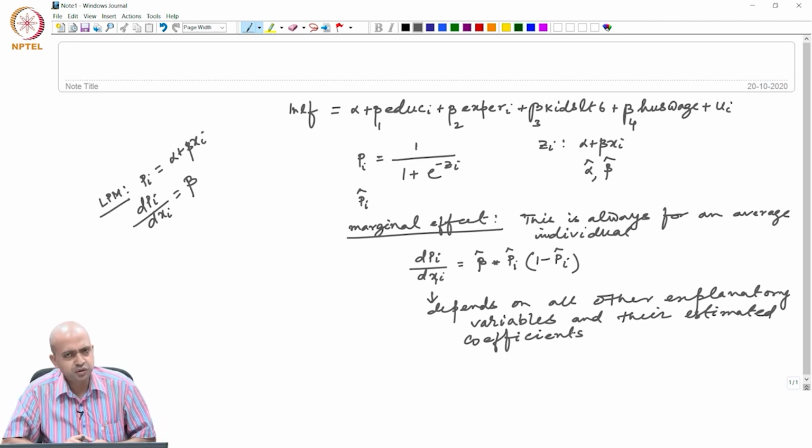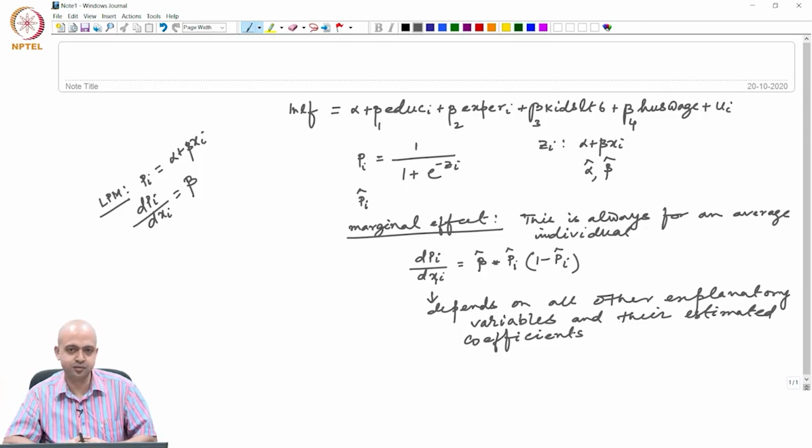Now suppose I do not want that type of marginal effect, that means I do not want the marginal effect for the average or representative individual who is an imaginary person. Rather, I want to calculate the marginal effect for each and every individual, and then I can take the average of those marginal effects.